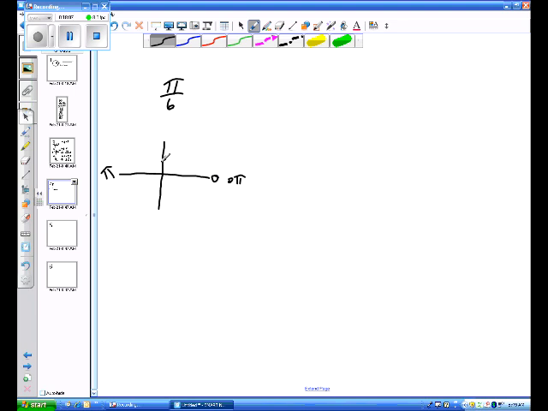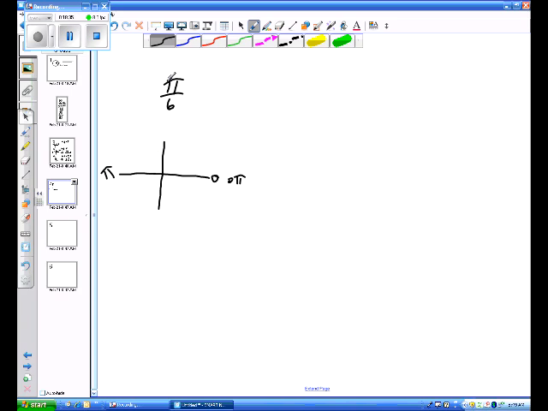Okay, so one of the things that I always look at when I'm drawing is my angle: is this less than 1 so that I'm either in quadrant 1 or 2, or is it greater than 1, where the numerator is bigger than the denominator, so that I'm in quadrant 3 or 4? Well, 1/6 is less than 1. So then I have to decide, am I closer to 0? Am I closer to 1?